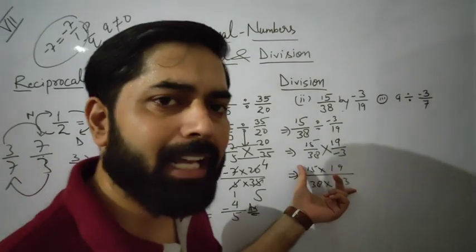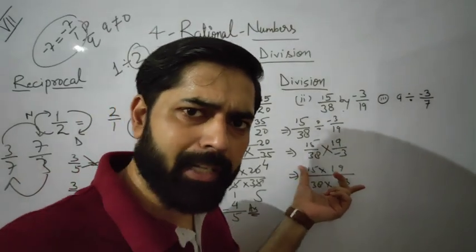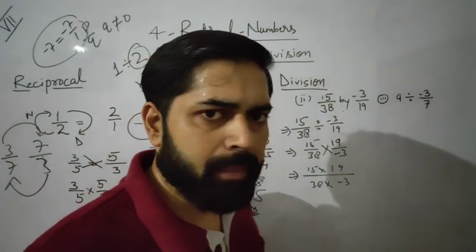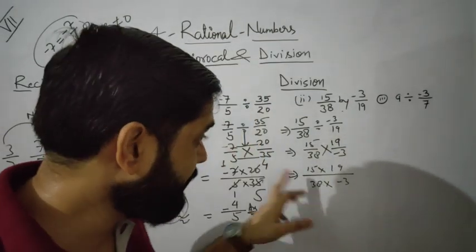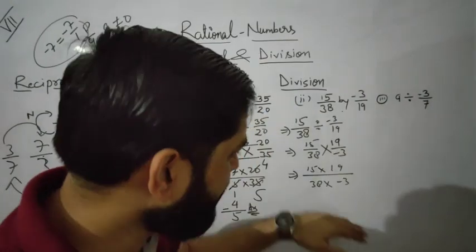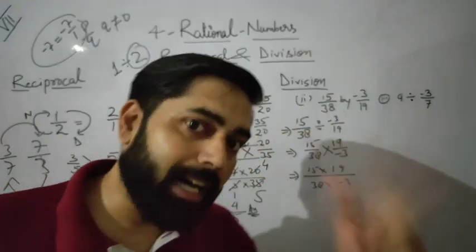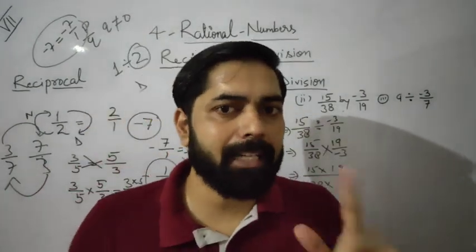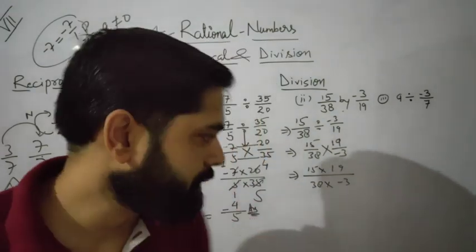And when we cancel the numerator and denominator, if there is a minus there, don't think about the minus, just cancel the numbers. Then in the last, when we write the answer, then we think about negative and positive.